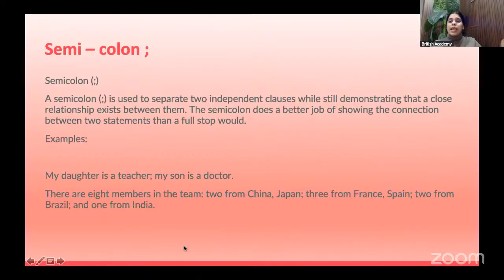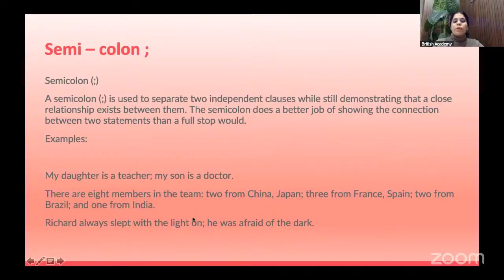Can you see they had a lot of information to show, and they were able to show the connection very easily with the help of the semicolon. So they separated it: 2 are from these places, 3 are from these places, 2 from this place, and 1 from this place. The semicolon made it easier for people to understand and differentiate. So only in that place will you use a semicolon.